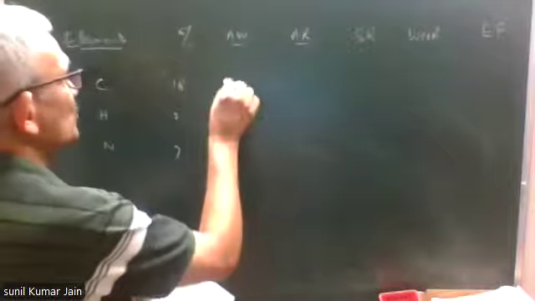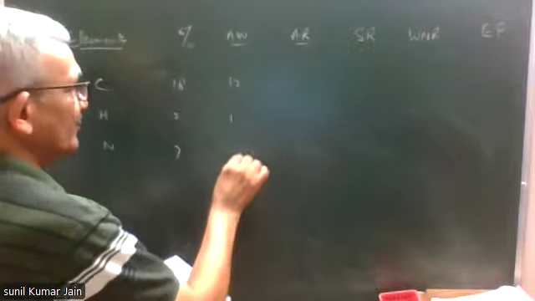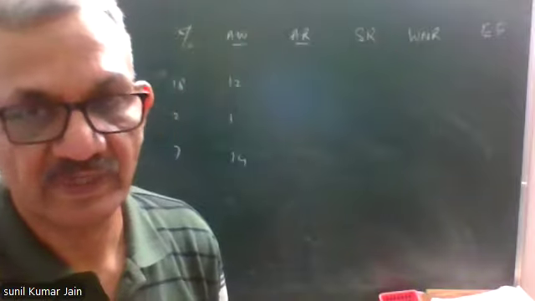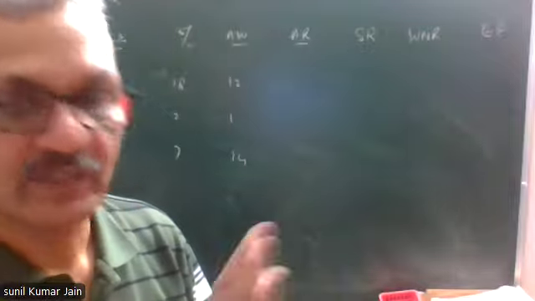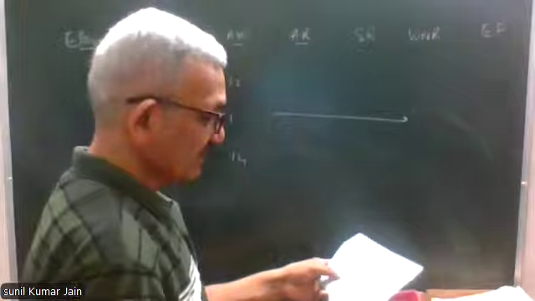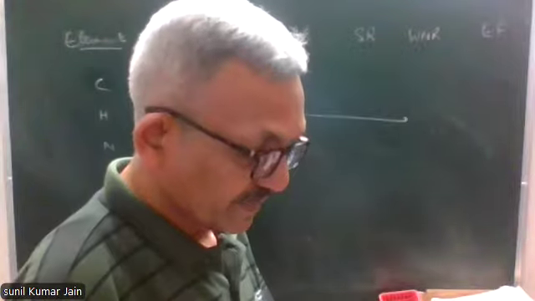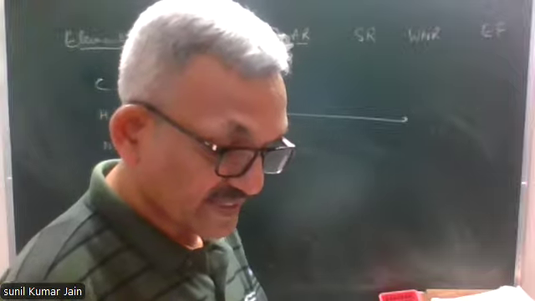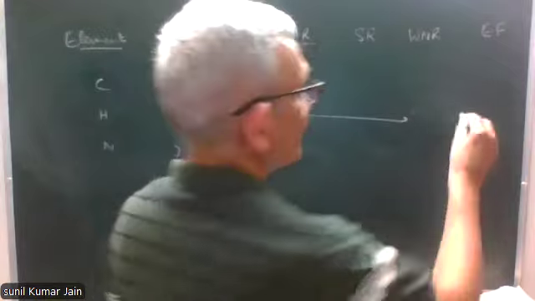Then atomic weights 12, 1, 14. Proceed in the same manner as I told you in previous 2 numericals, right? I'll cut short now and you'll get the empirical formula. So follow all steps. Empirical formula will be, on the basis of answer, half of it, C3H4N.